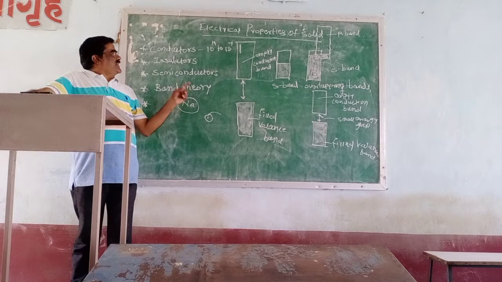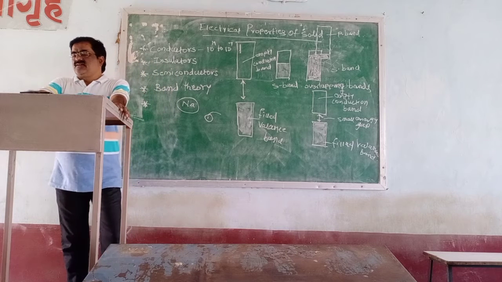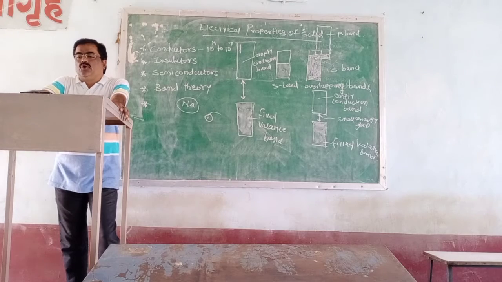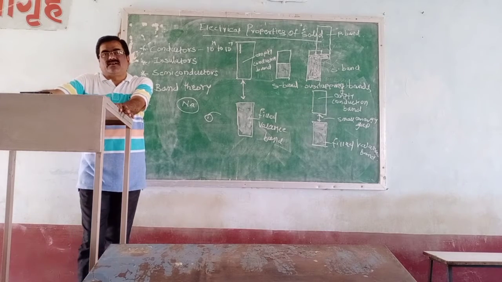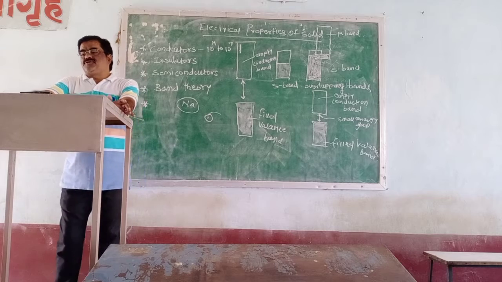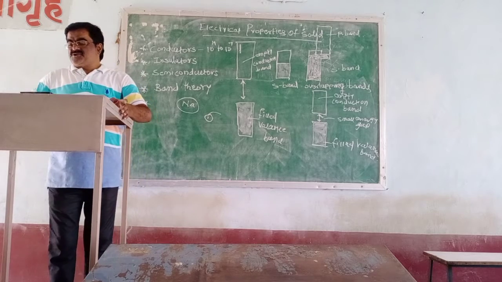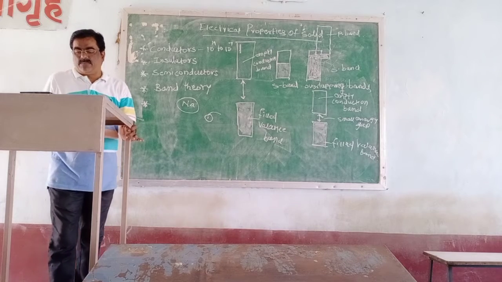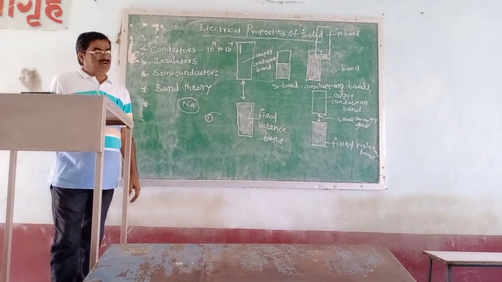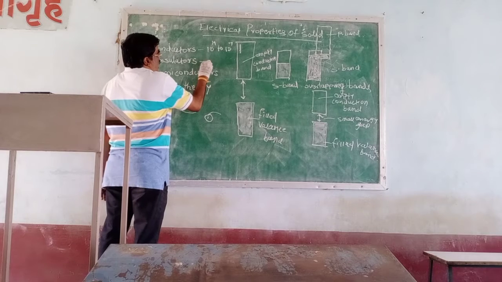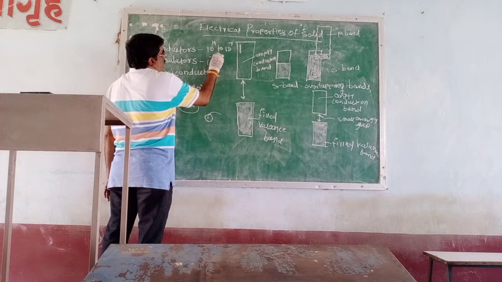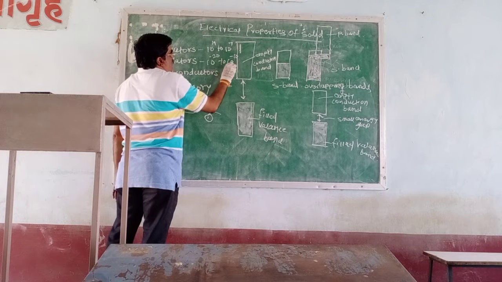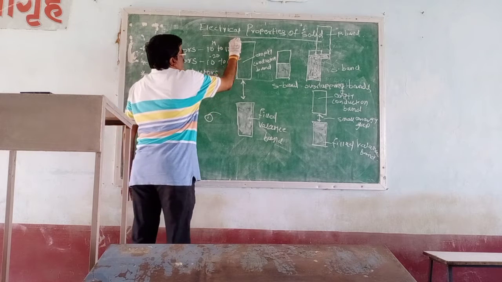Then the second is the insulator. Insulators are the solids having low electrical conductivities, in the range of 10 to the power minus 20 to 10 to the power minus 10 ohm per meter.